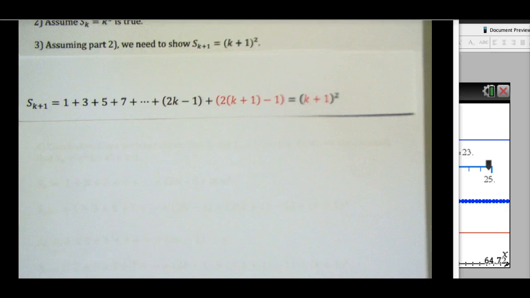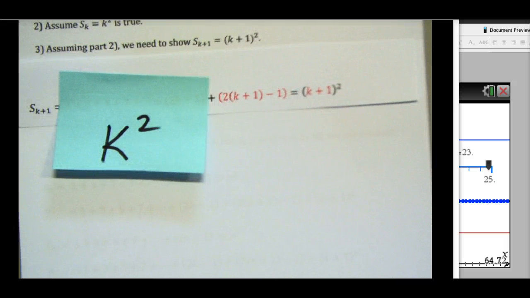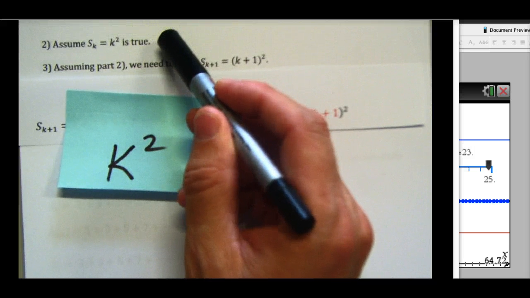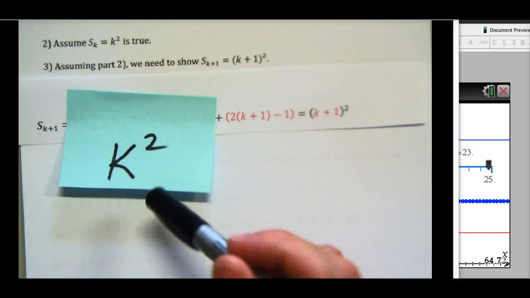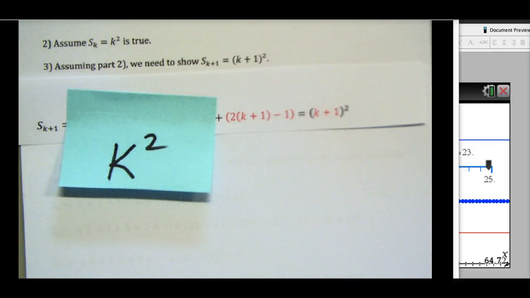So in the black here, this whole thing turns out to be just k squared because that's based on my assumption. That's why we assume step number 2 right here. Okay, so that sum is equal to k squared. Well, that makes things pretty easy for me now.